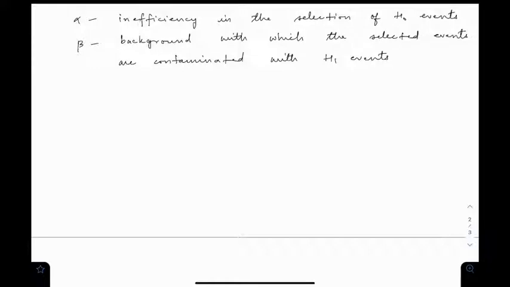Of course, for given alpha, we would like to have beta as small as possible.